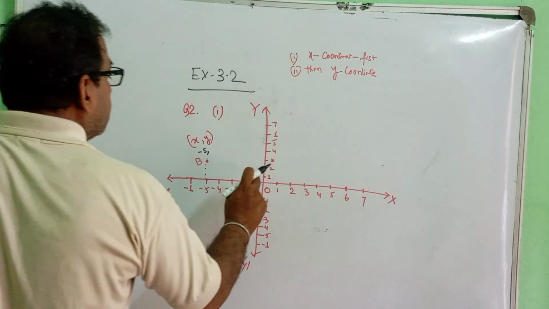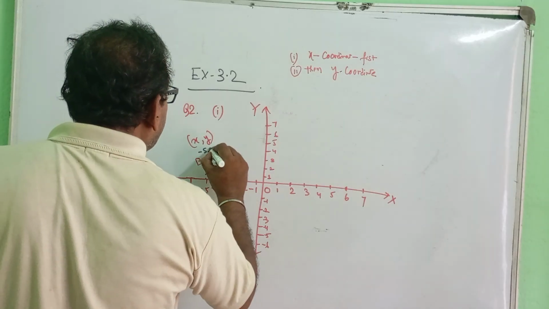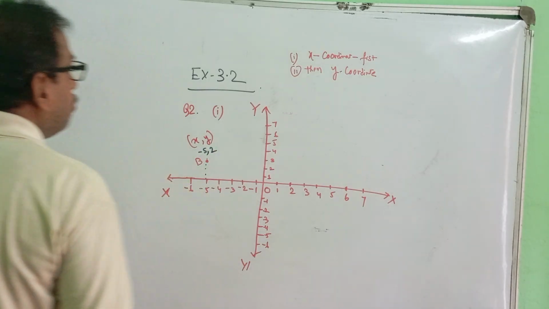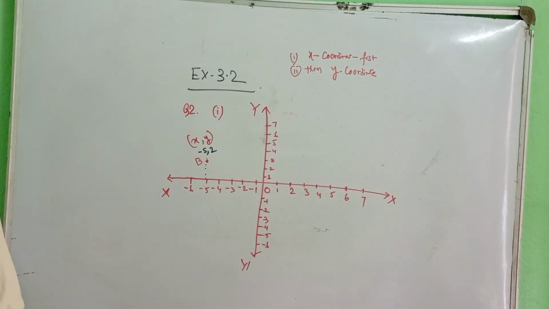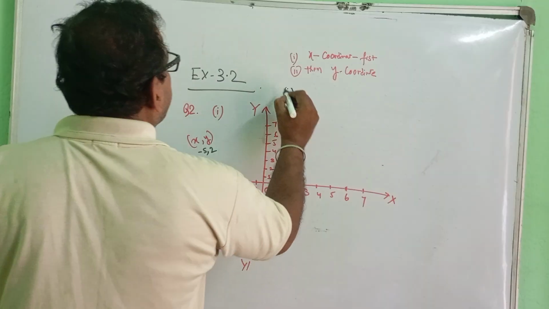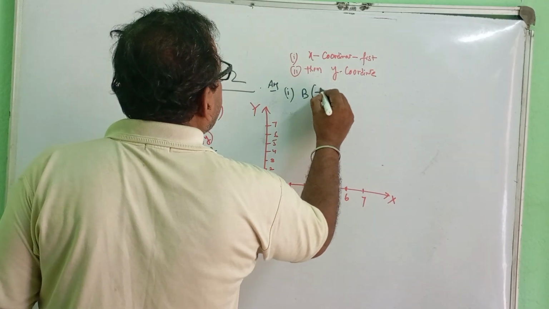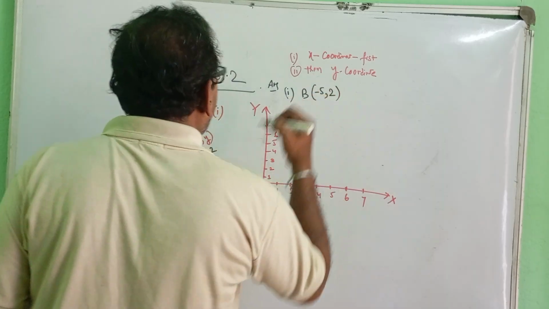And how does y move? 1, 2. So this part is 2. So the answer to question number 1: B is -5, 2.